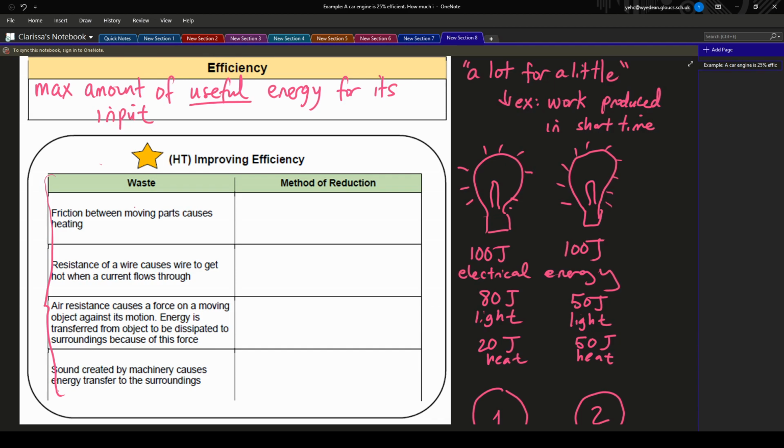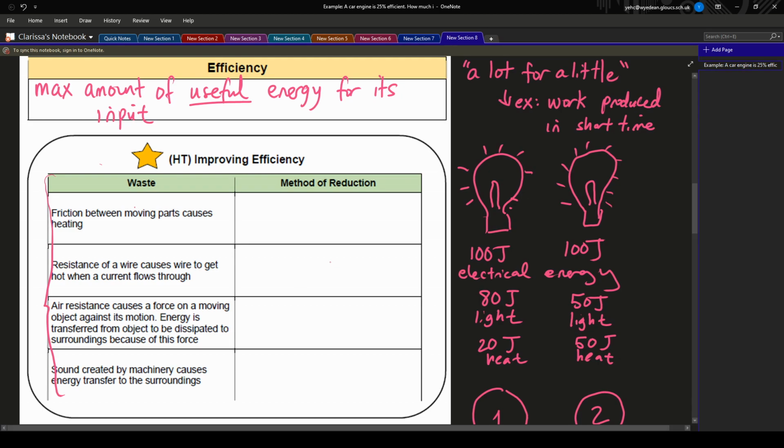Air resistance causes a force on a moving object, so energy becomes dissipated as it's trying to overcome this force. When you have machines, you have sounds from machines that cause energy transfer to surroundings. So these are all examples of how energy can be wasted in a lot of common appliances or settings. So you have to be able to identify how this can be reduced.